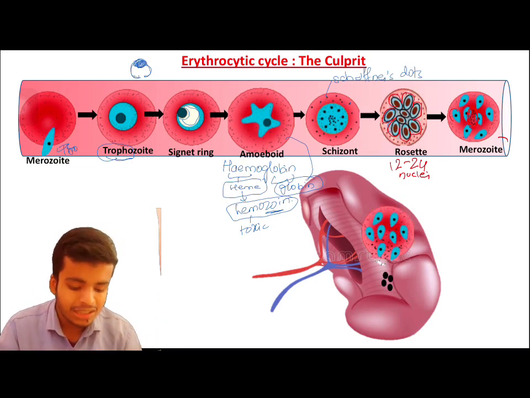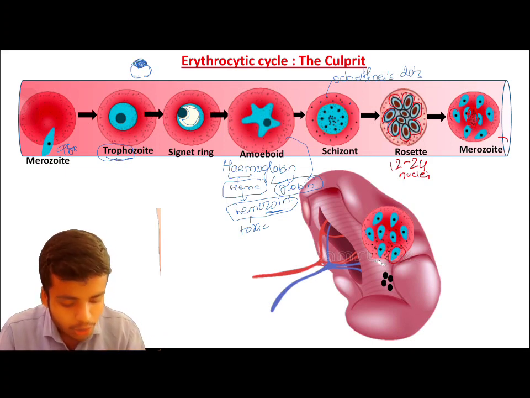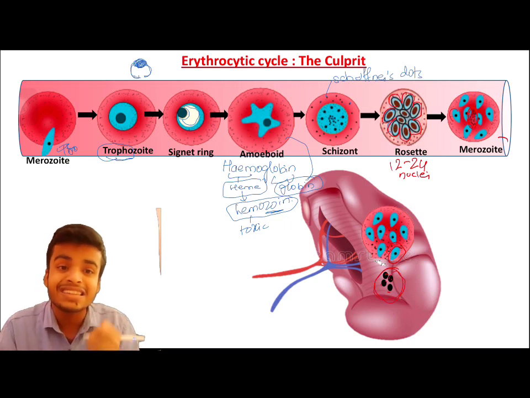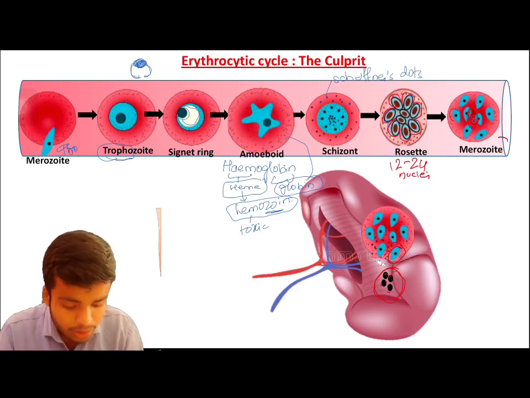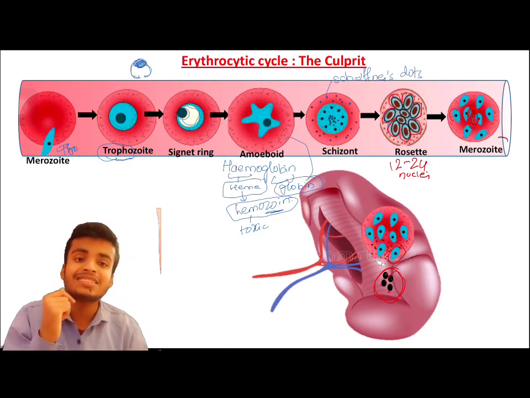With the rupture of the RBC, there is the release of merozoites as well as hemozoin. So the hemozoin is released in the spleen.